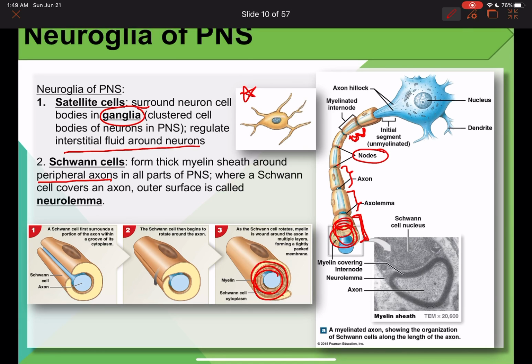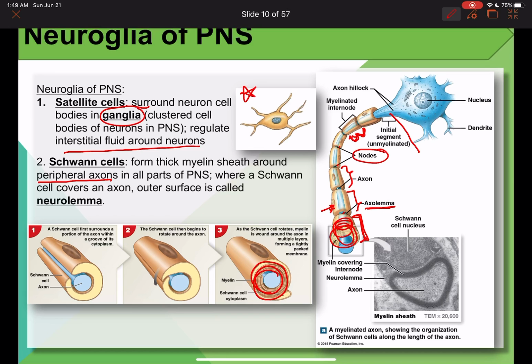So where a Schwann cell covers the axon, the outer surface here is also called the neurolemma, other than, we talked about this being called the axolemma because it's part of the axon. And then wherever myelin is covering up, we call that the neurolemma, okay? Axolemma is only that immediate plasma membrane that covers the axon, for example, in nodes.